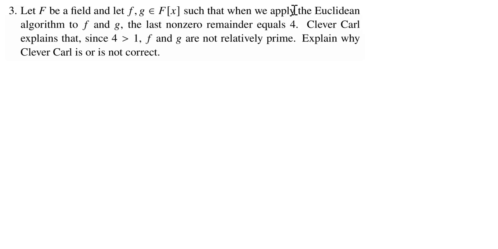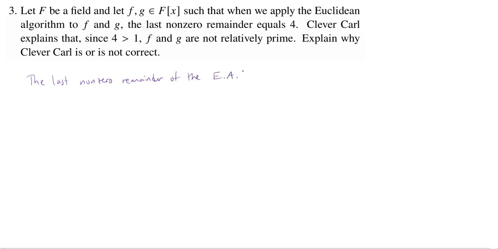So first, of course, we can apply the Euclidean algorithm. This was something we stated in class about the polynomial ring over a field. And the important bit here is the last non-zero remainder of the Euclidean algorithm.